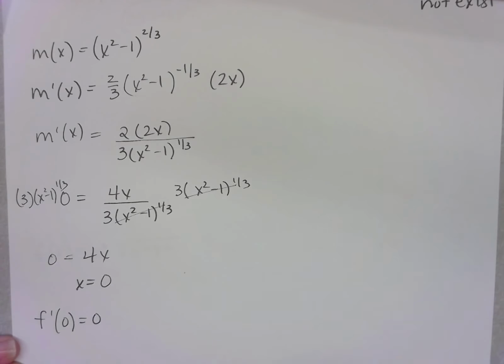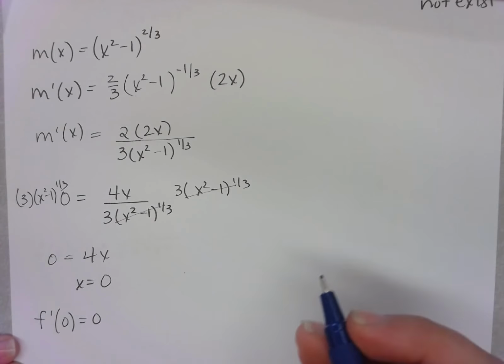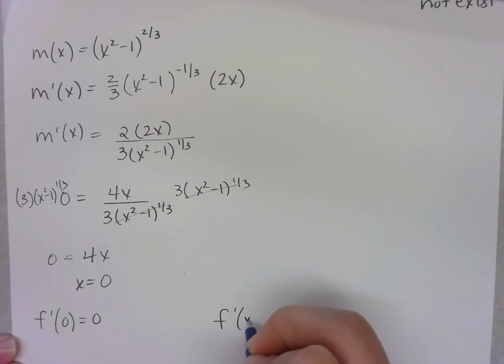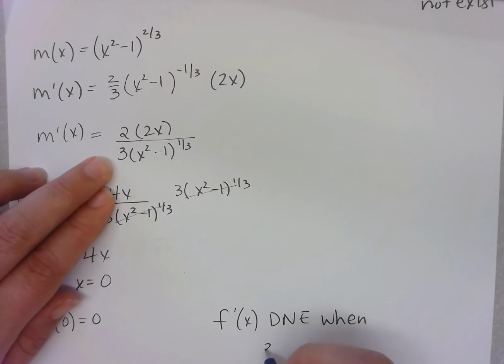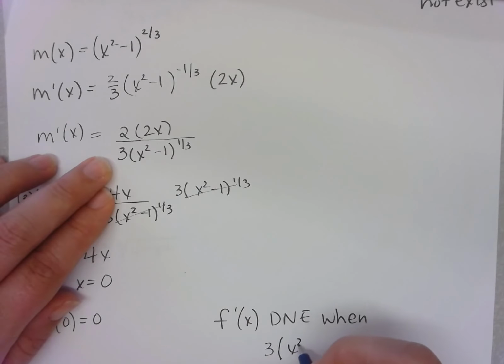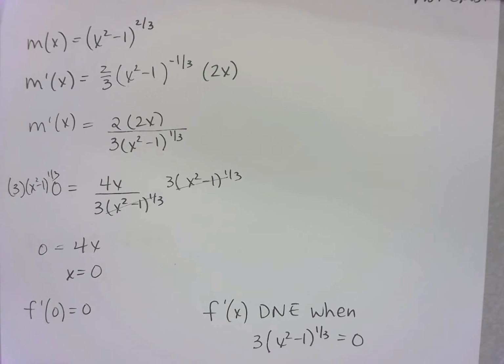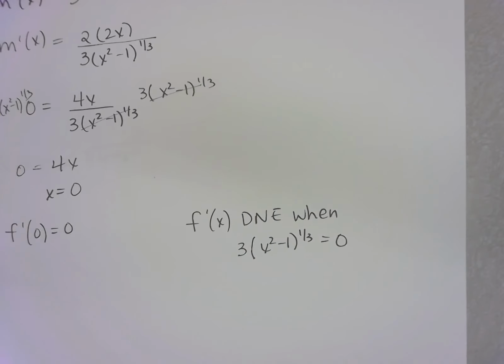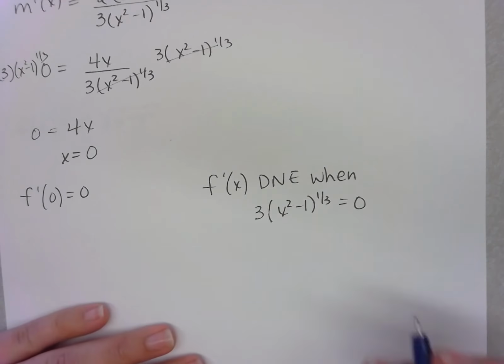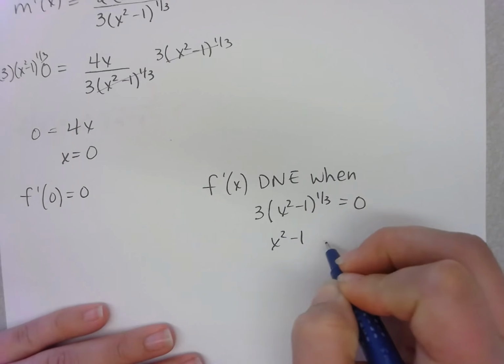Okay, so where it's undefined, well, things are undefined when the denominator is equal to 0. And so f prime of x does not exist when this denominator is equal to 0. I can divide away the 3 from both sides, and I still get 0, so I'm going to get x squared minus 1 equals 0.